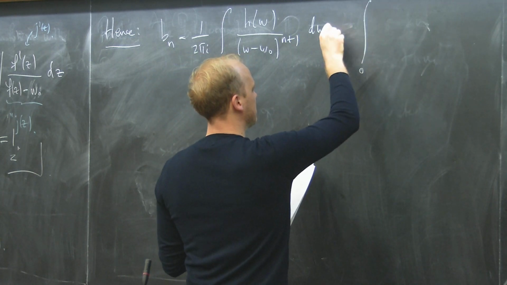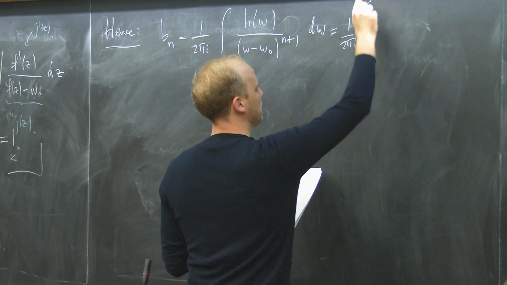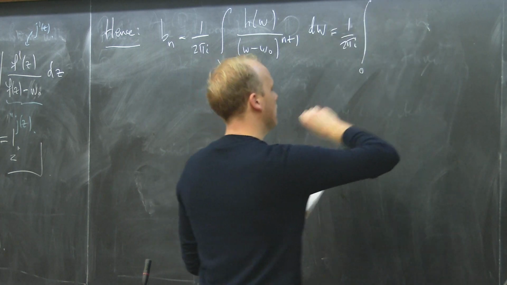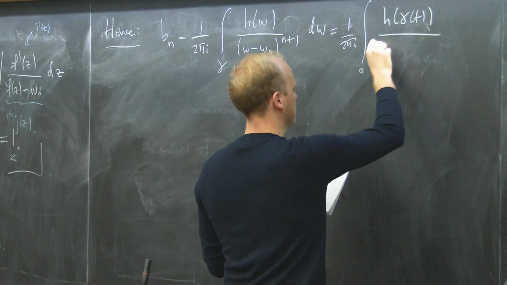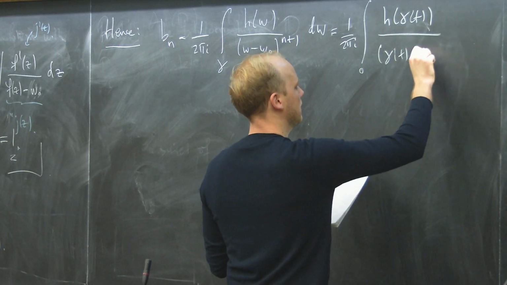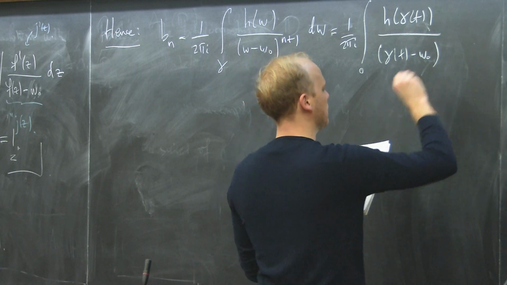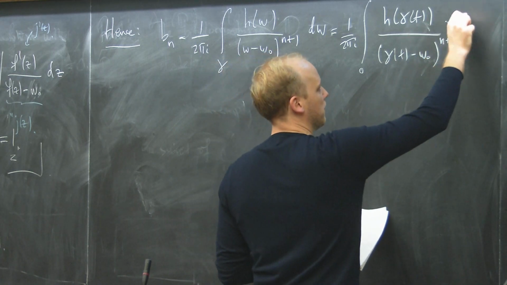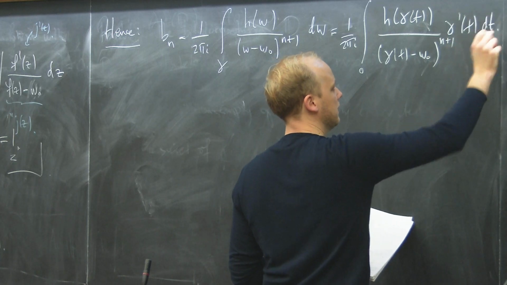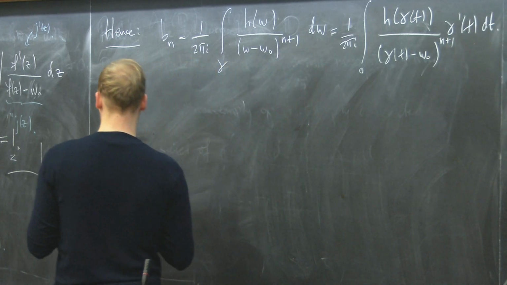By the definition of how we are allowed to integrate these things, this is h of gamma of t divided by gamma of t minus w0 to the n plus 1, and then I have to multiply by gamma prime of t, if you remember this definition here.